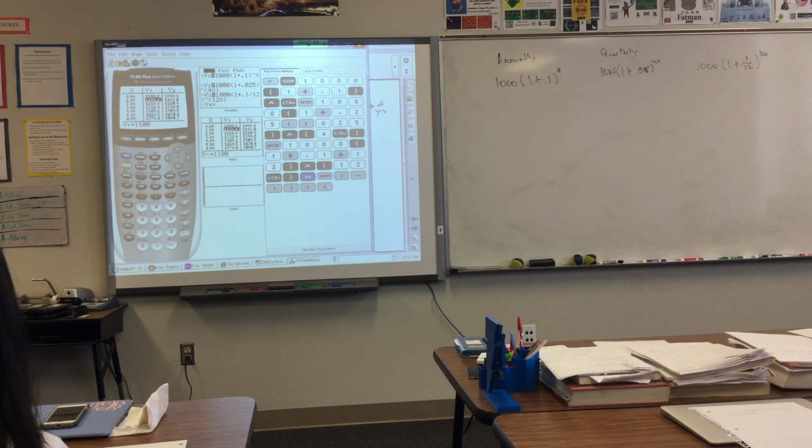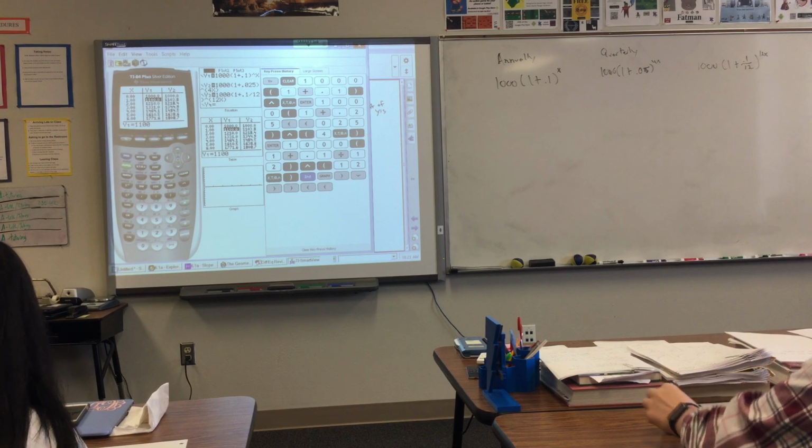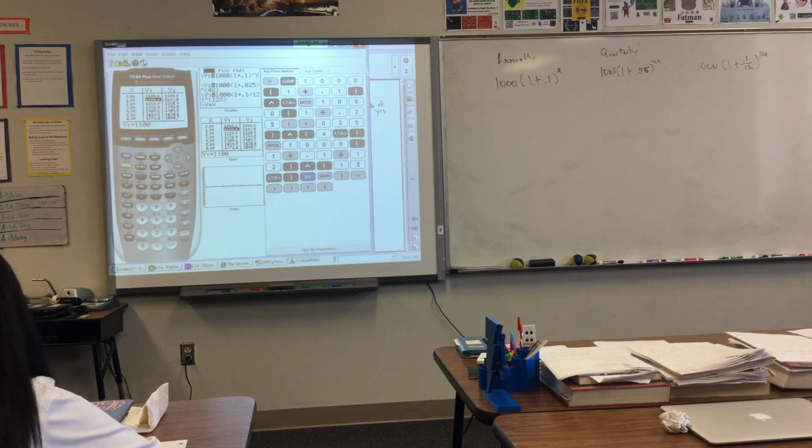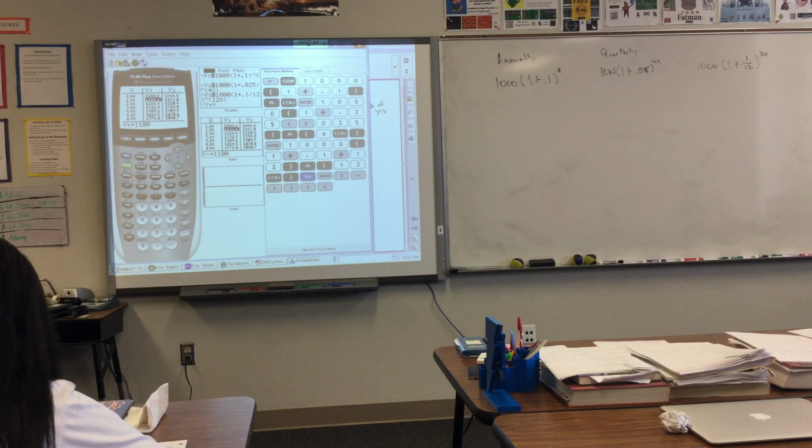For the lender, is it better monthly, quarterly, or annually? Monthly. Is it like a ton better? At first, no, but as time progresses, yeah. Yeah, it gets better.